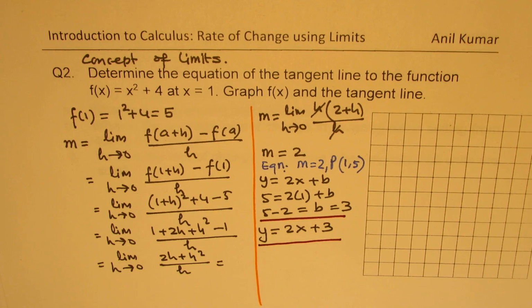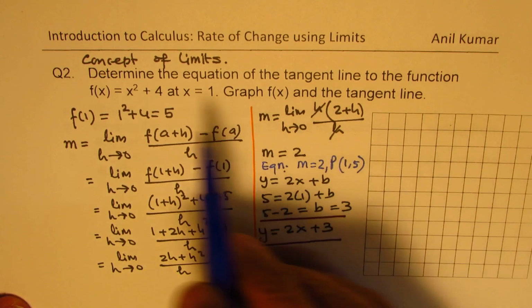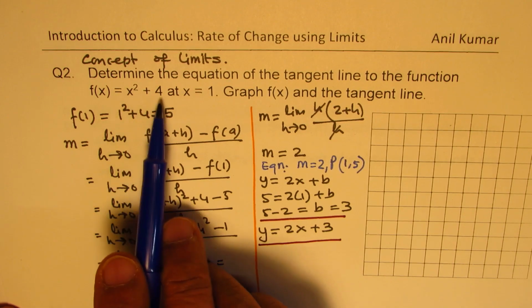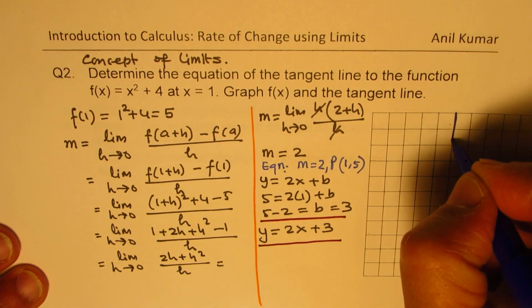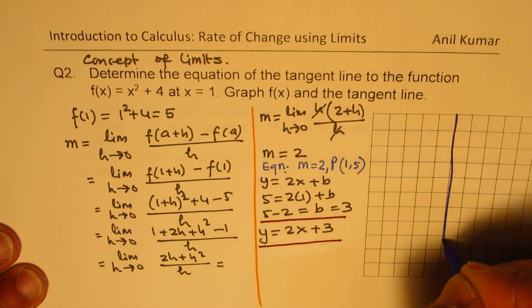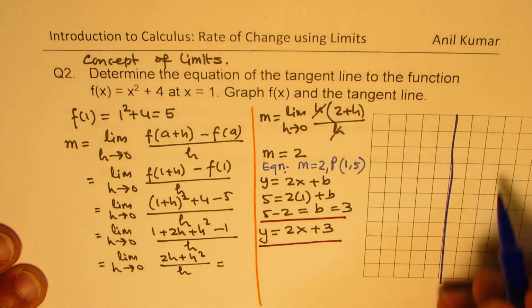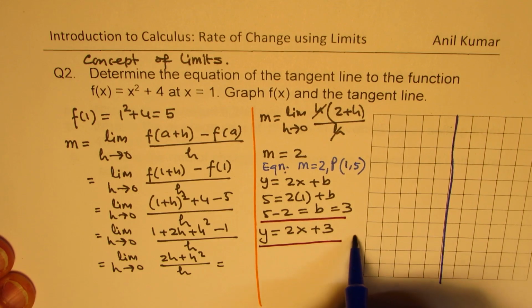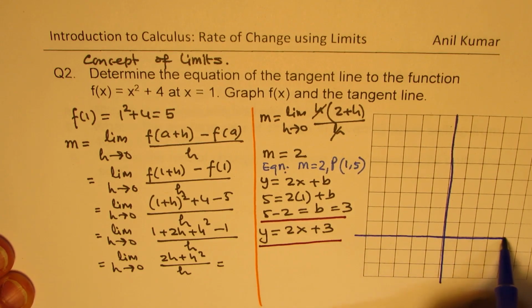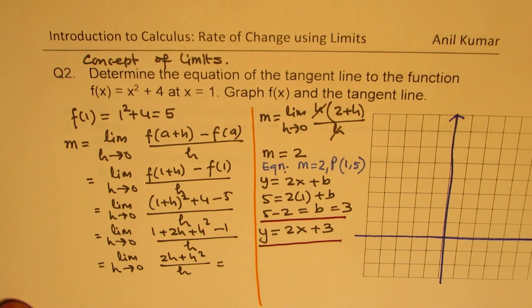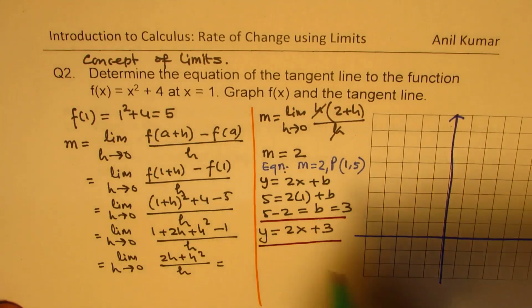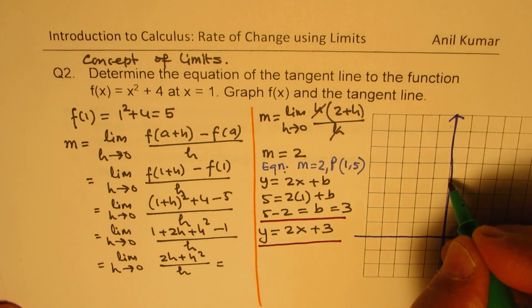Now, the second part of this question is to graph the function and the tangent line. It's a parabola which is opening upwards. I'm making a rough sketch here; you need to do a better job. Everything is on the top, so I'll just use the x-axis right there. The function here has 4 as the y-intercept: 1, 2, 3, 4.